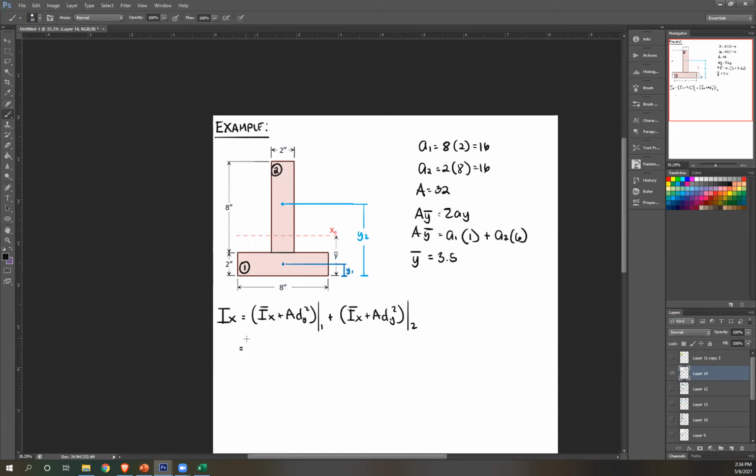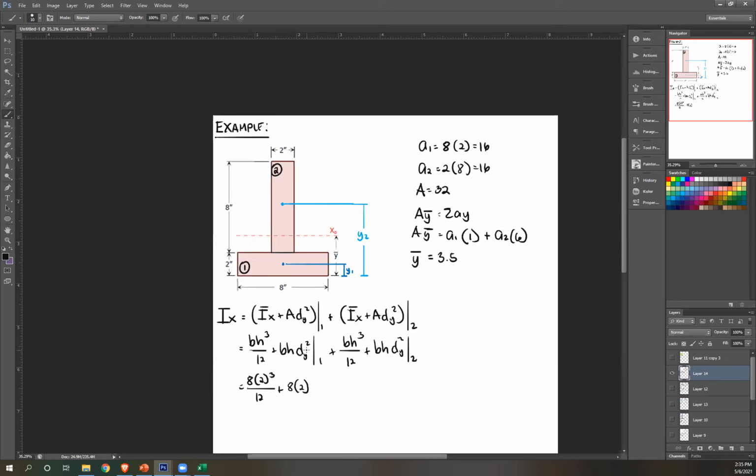These are both rectangles, so this is BH cubed over 12 plus BH times dy squared for 1 plus BH cubed over 12 plus BH dy squared for 2. So now the question is, what are those values? So for 1, base is 8 inches, so 8 times height is 2, so 2 cubed over 12 plus area, so base times height, 8 times 2.